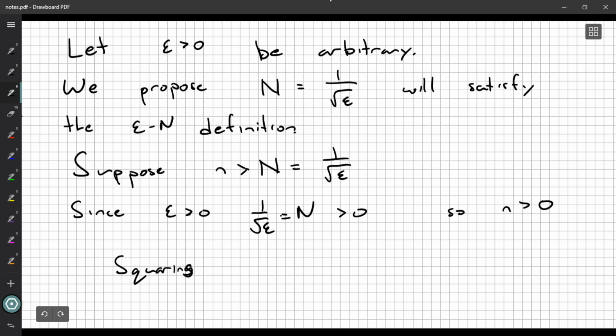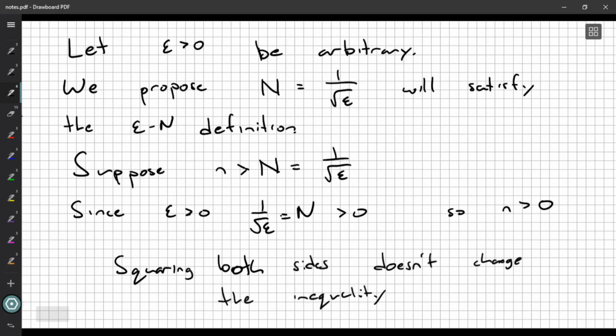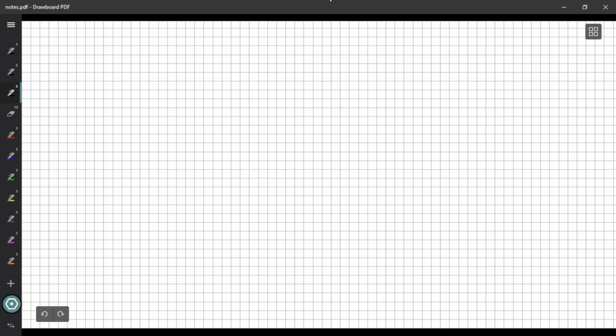So squaring both sides doesn't change the inequality, whereas it might if we had negative numbers, or one positive and one negative. So n squared must be greater than 1 over epsilon.